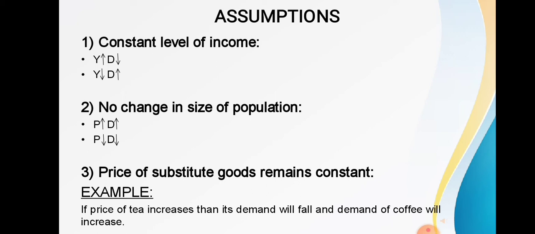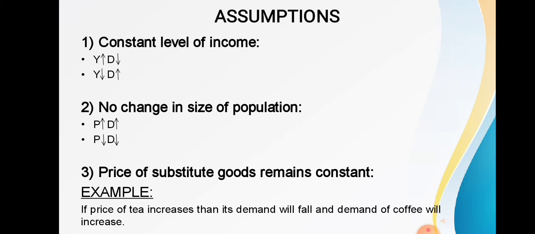If there is an increase or decrease in the income, then the demand for the commodity is going to increase or decrease. For that purpose, the income of the consumer should remain constant. For example, if the income of the consumer changes, demand tends to change even though the price remains constant.